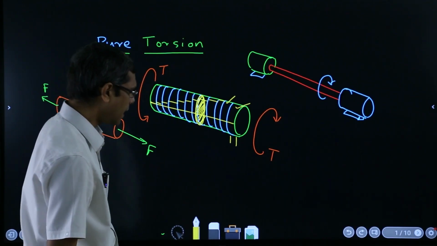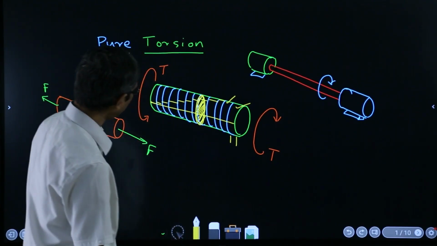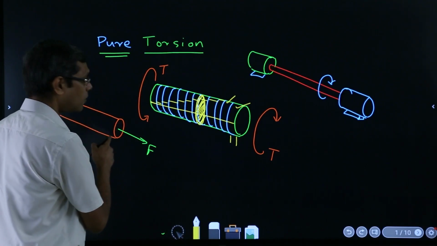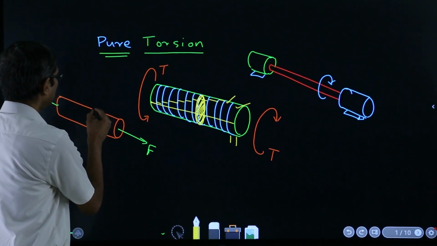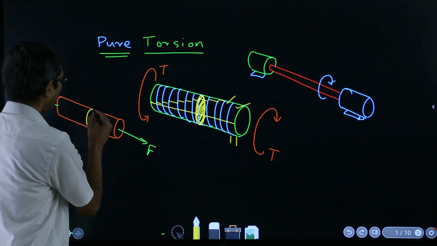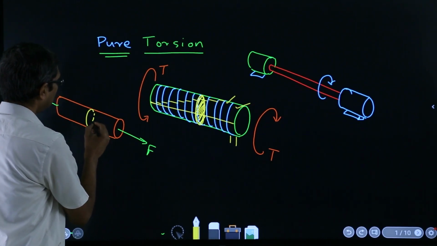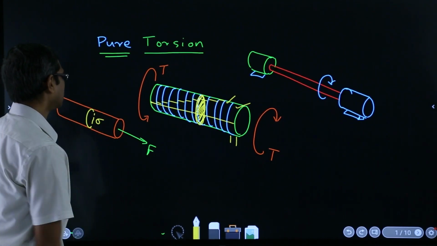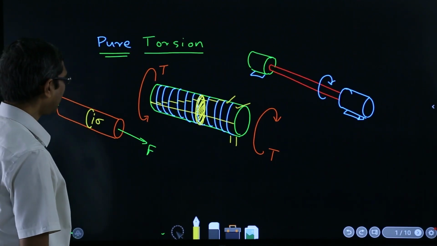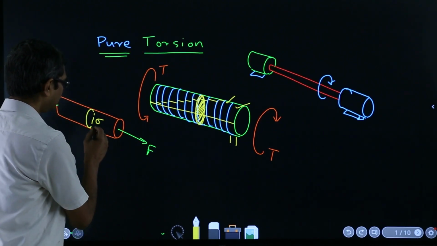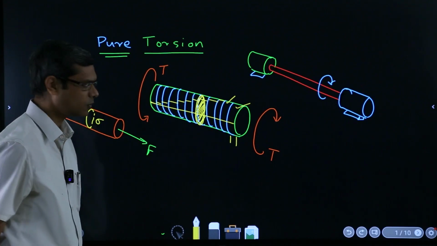As in the case of axial loading, suppose we had this and the normal stress sigma was acting, and we were assuming that this sigma was constant over the full section.